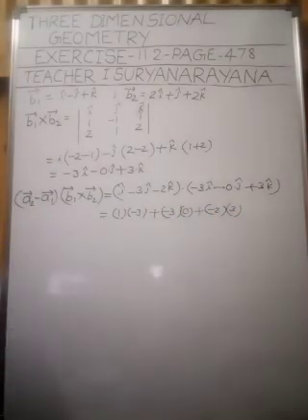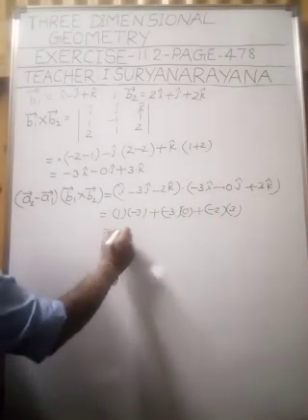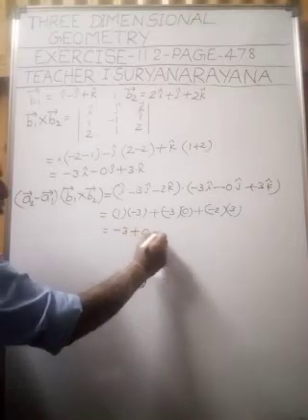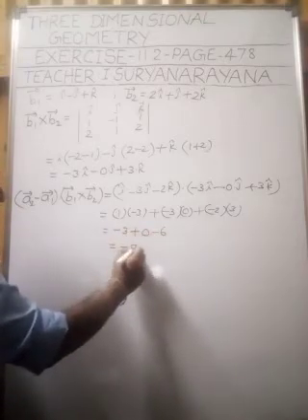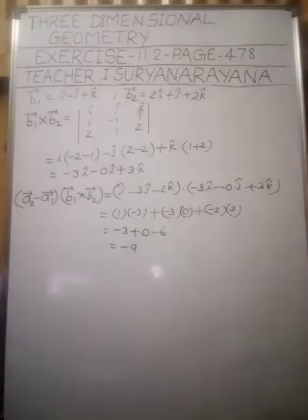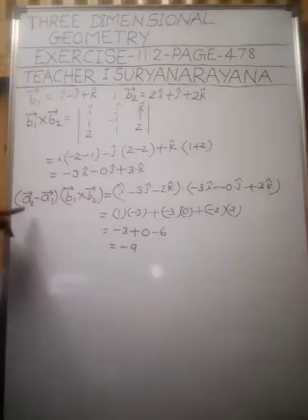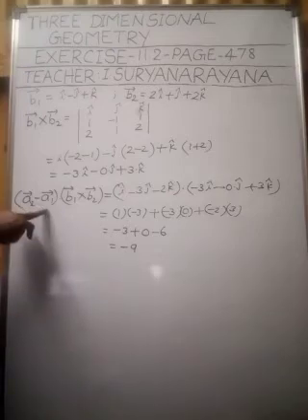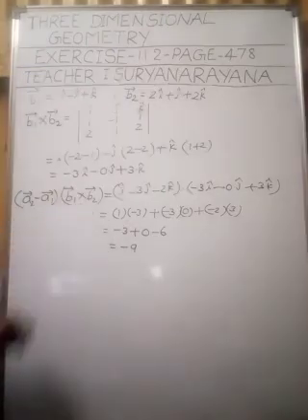Understood this point, my children? Right. So what will you get? Minus 3 plus 0 minus 6. So what will you get here finally? Minus 9. Okay, my children, this is the value of A2 bar minus A1 bar dot B1 bar cross B2 bar.